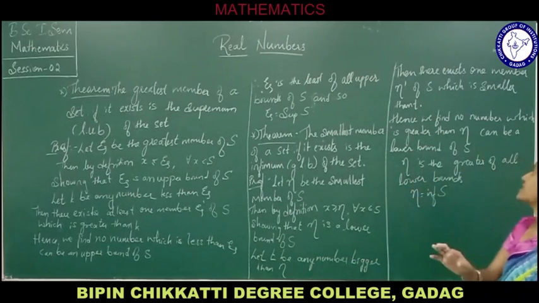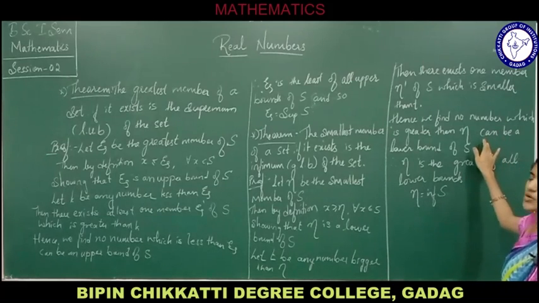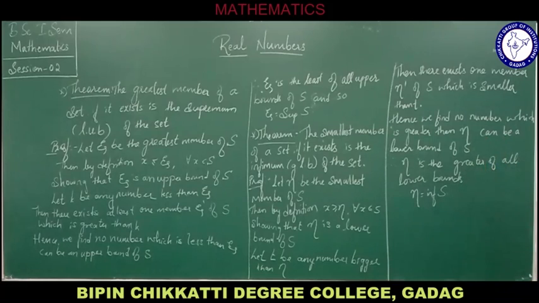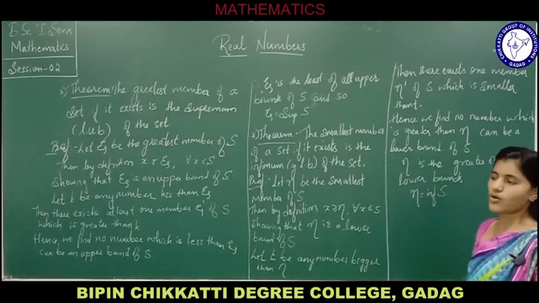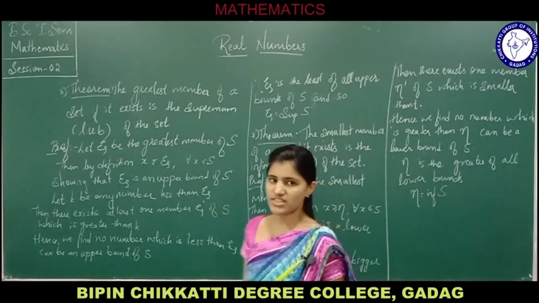Then there exists eta dash of S smaller than t. But we do not find any number greater than eta which can be a lower bound of S. So eta is the greatest of all lower bounds, that is, eta is the infimum of S.